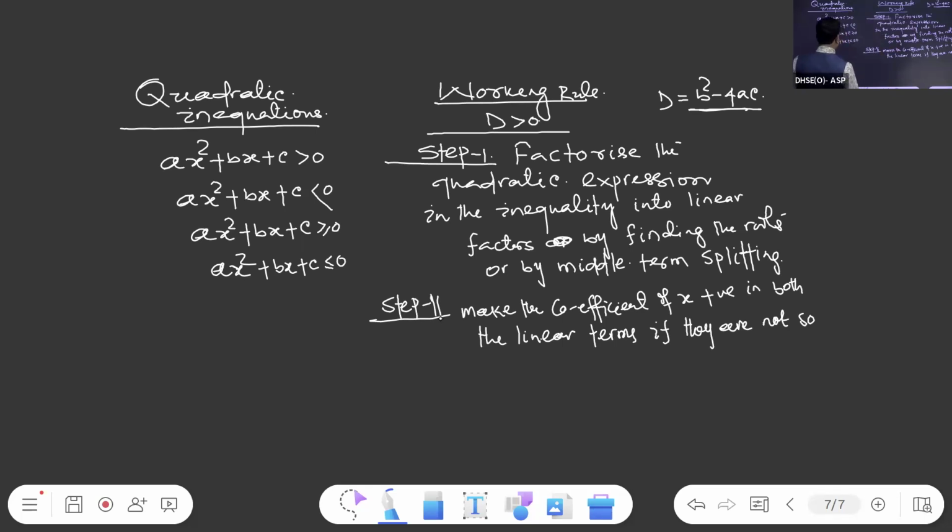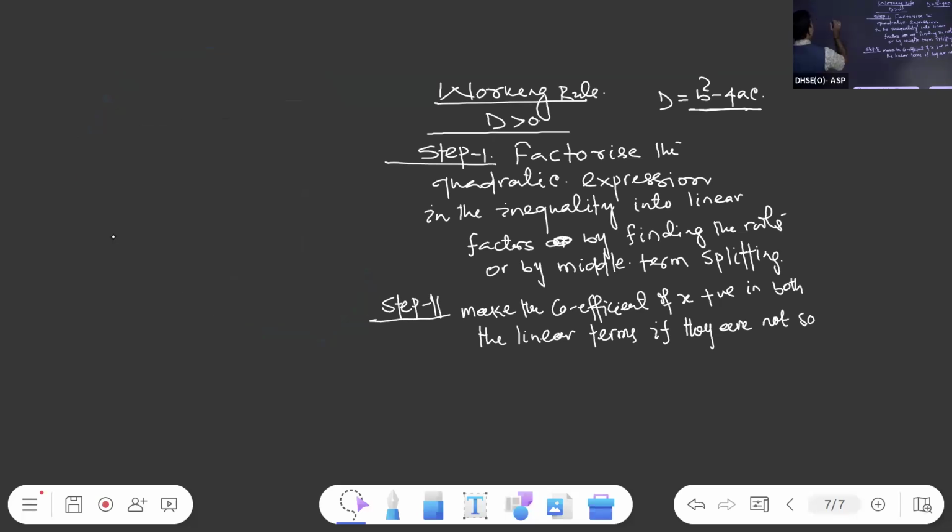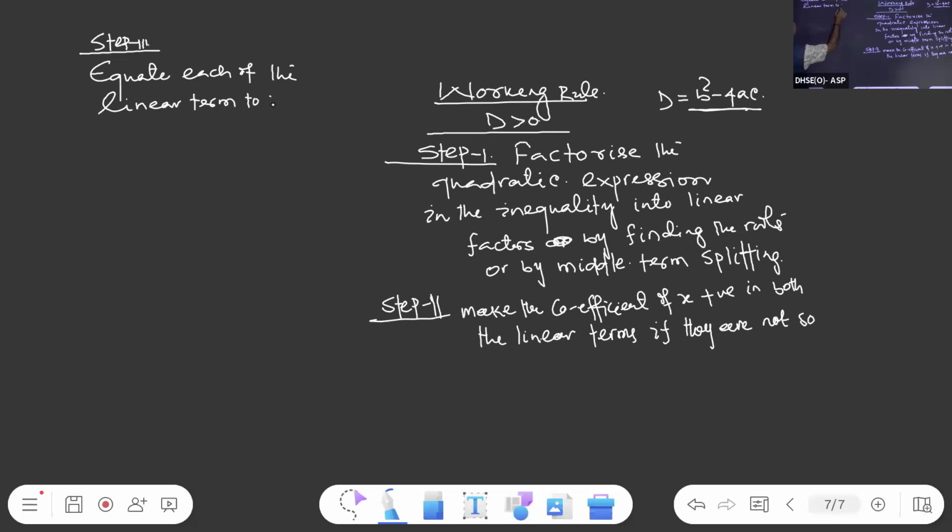Then come to step 3. Step 3 is equate each of the linear terms to 0 and get the values of x.